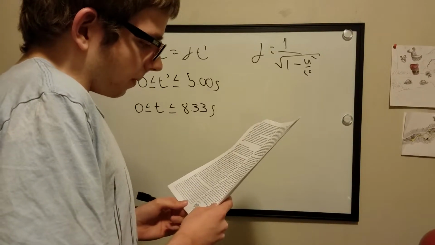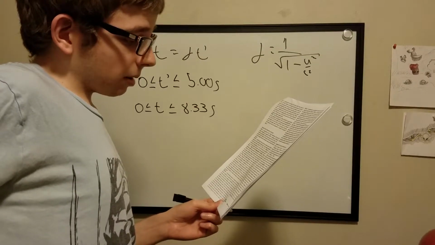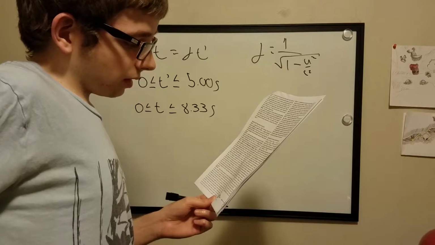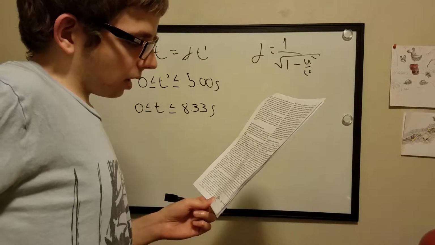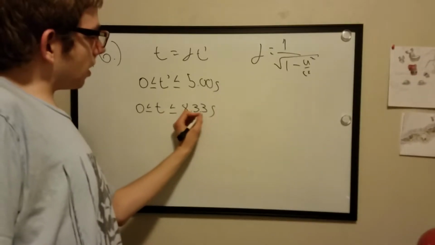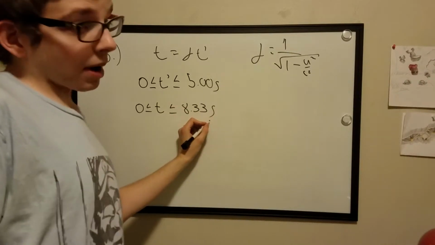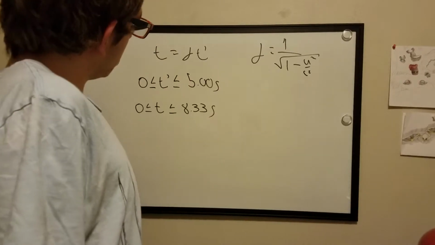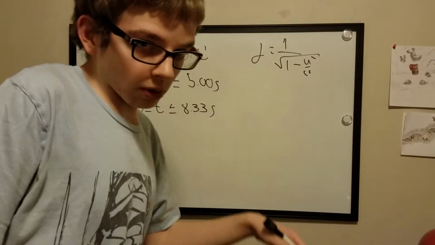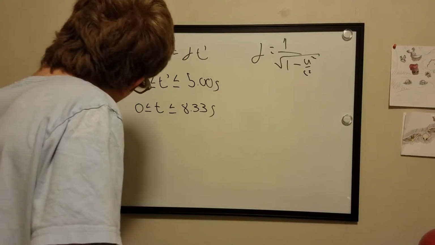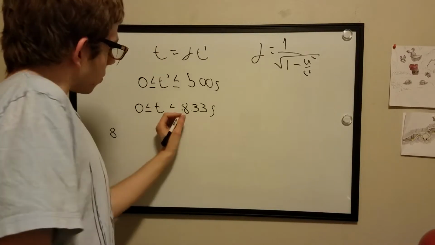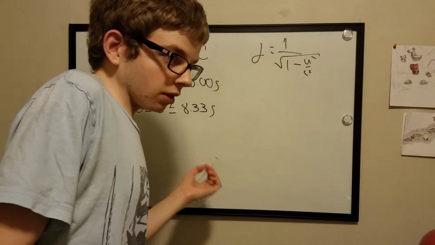All right, now part C. It says multiply the time interval by Mavis's speed, both as measured by Stanley, to calculate the distance she has traveled as measured by him when the light turns on. So basically we take Stanley's time and multiply it by her velocity to get the distance she travels since she passed over him. Again, remember you have to keep track of sig figs.